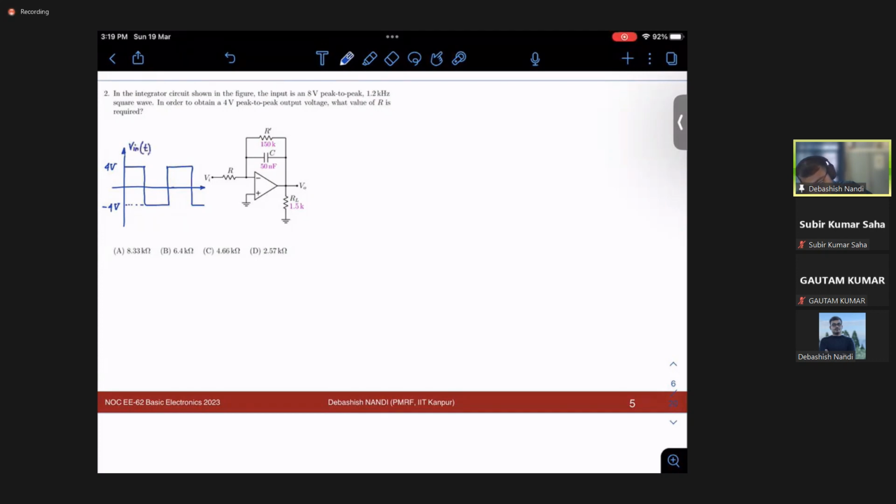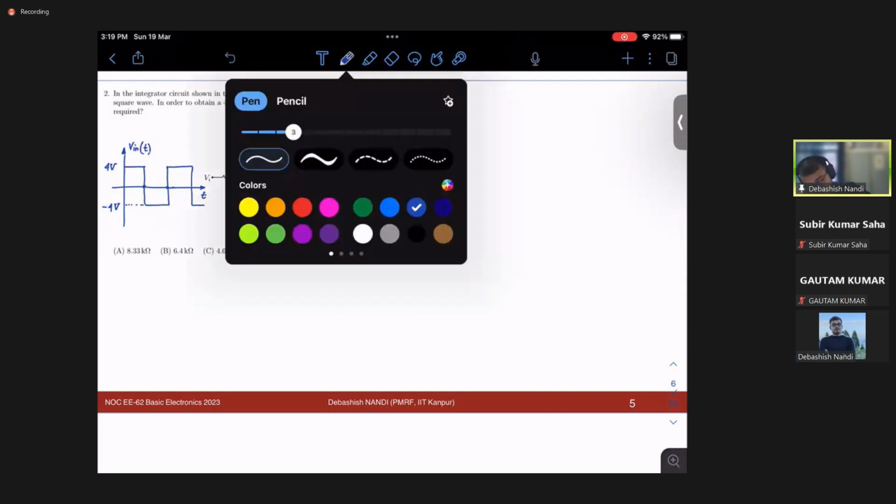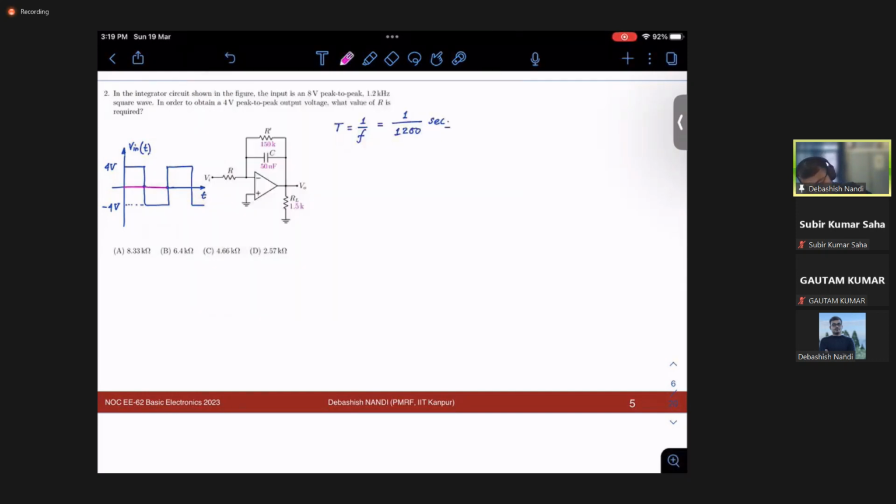Okay. And what about the period of the waveform? Your period of the waveform is nothing but 1 over frequency, and that is 1 over 1200 seconds. Okay. So what is the period, by the way? Period is this much. Okay.